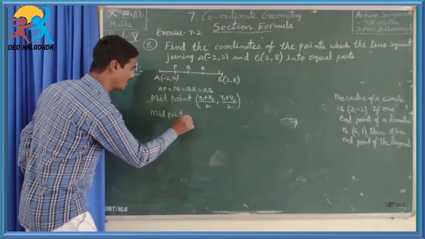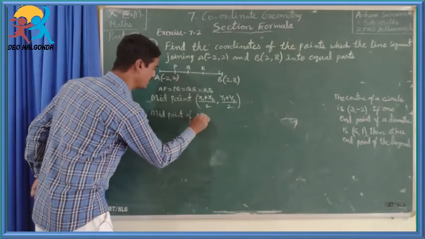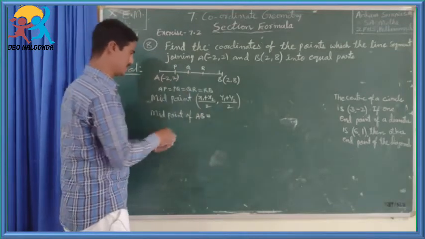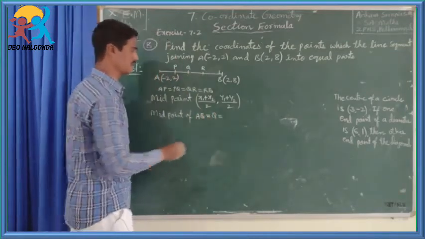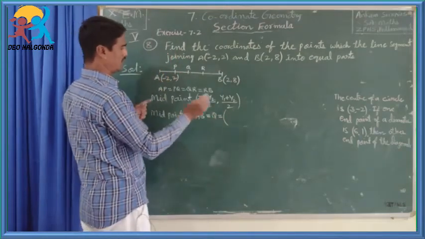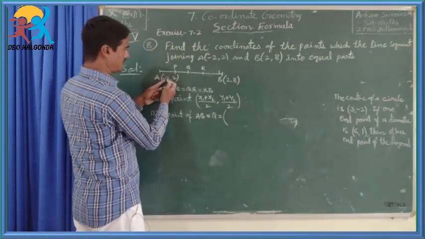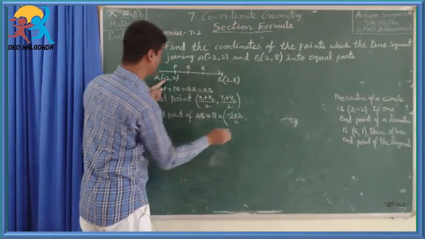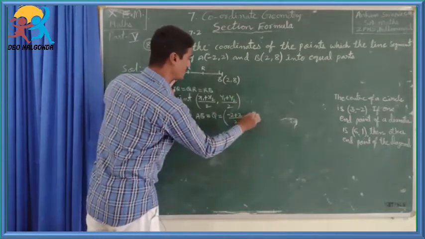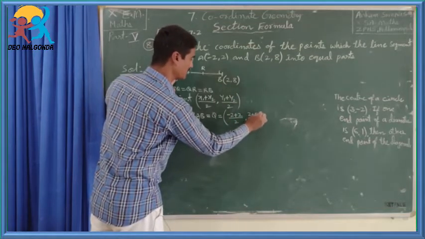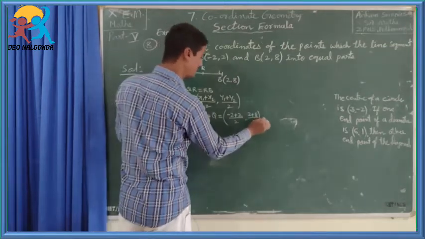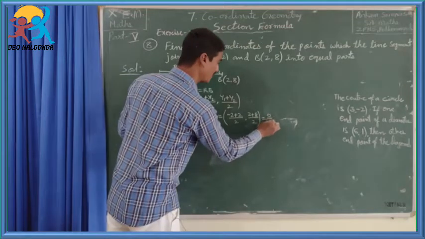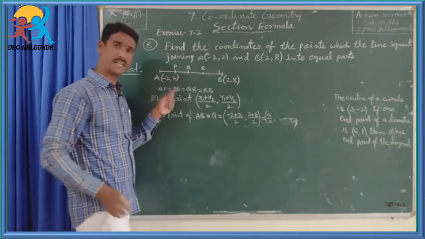Find the midpoint of AB now. The midpoint of AB is Q. Now we are going to get the coordinates of Q. The sum of first coordinates is (-2 plus 2) by 2, comma, (2 plus 8) by 2. Here -2 plus 2 is 0, 0 by 2. And here 2 plus 8 is 10, 10 by 2.